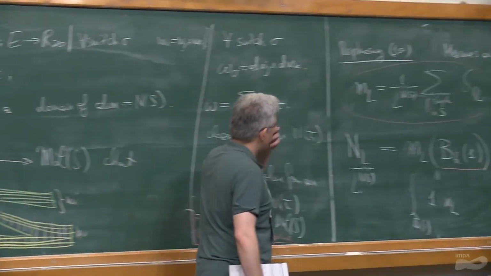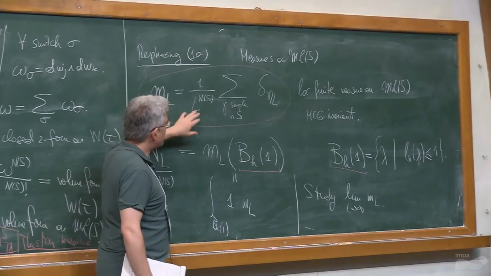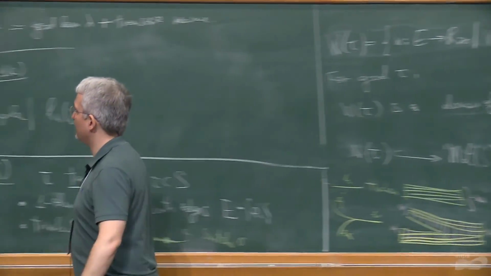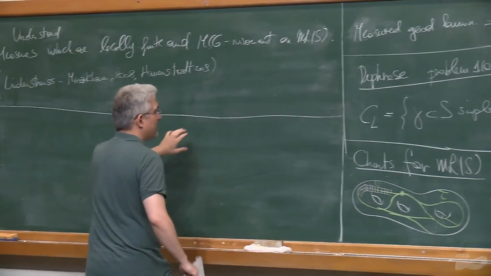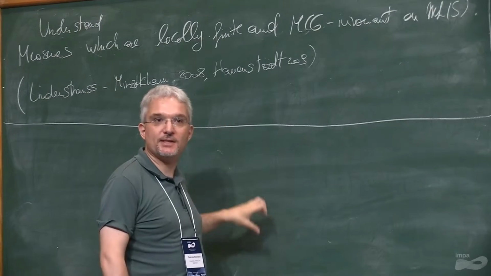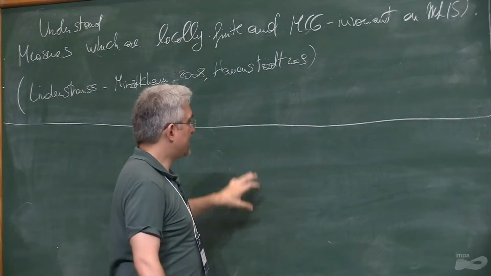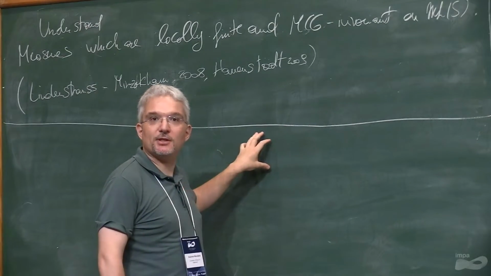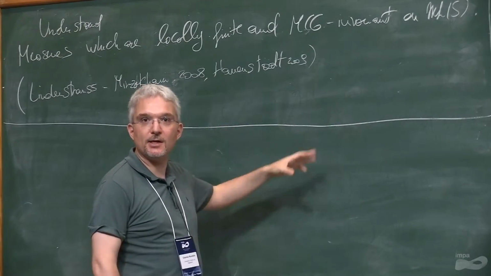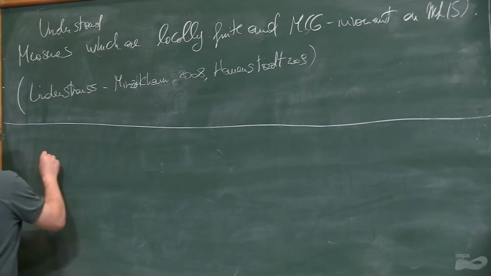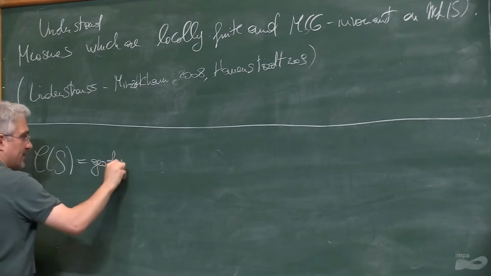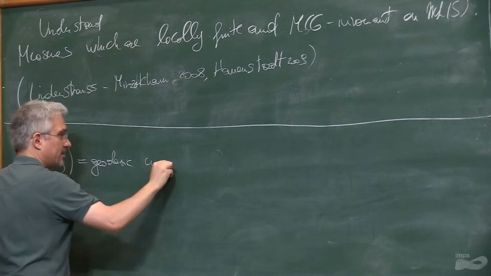Otherwise, you can use a more abstract approach and generalize the construction of ML that I showed at the beginning, embedding the real multicurves inside some bigger space. Instead of taking real simple multicurves in the bigger space, you take just real multicurves. You complete, and what you get is the space of geodesic currents.